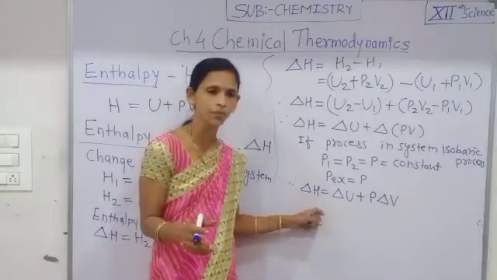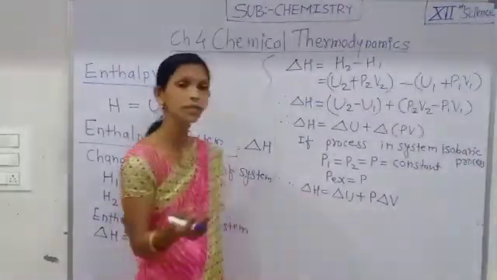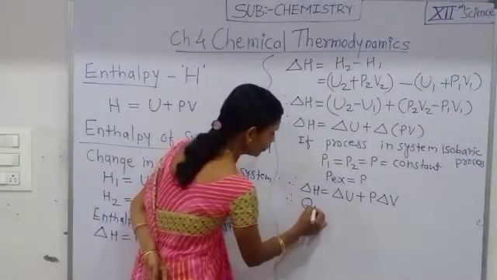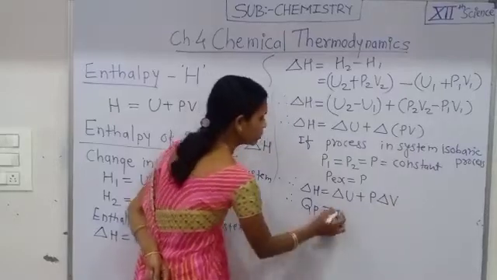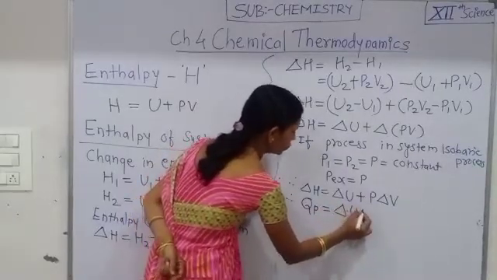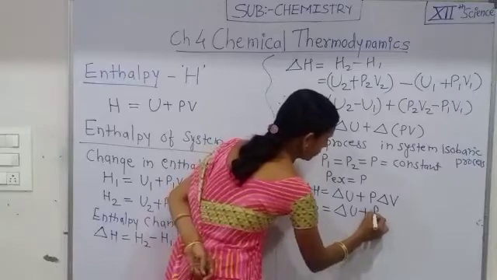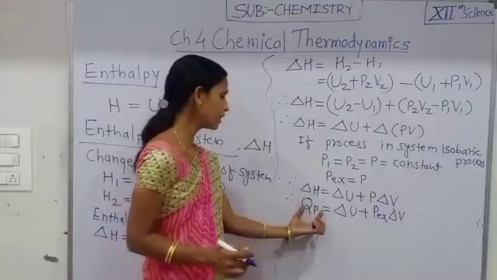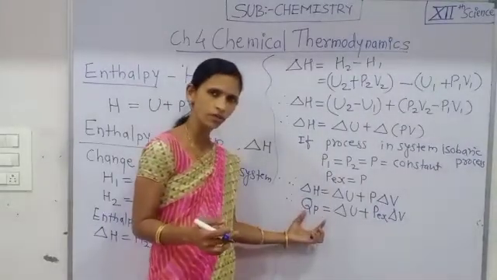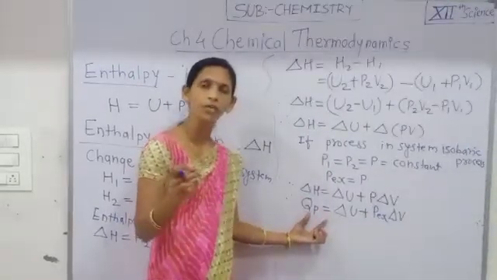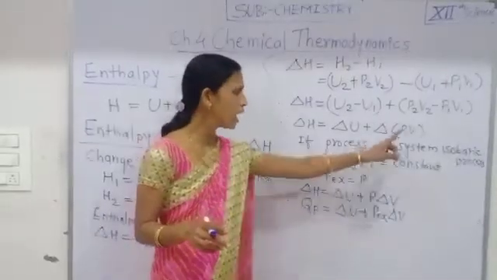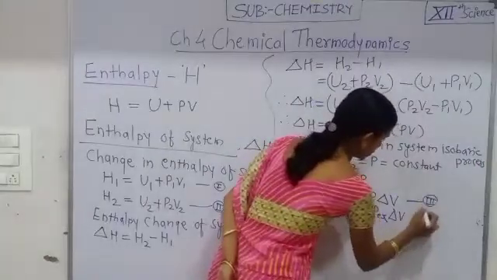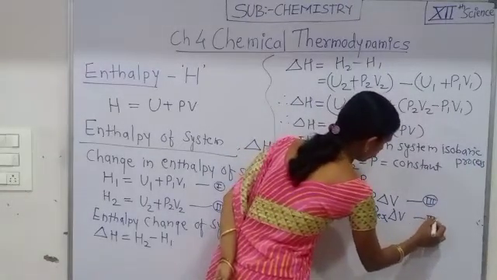And all of you studied one more equation, that is QP is equal to delta U plus Pex delta V, which is the mathematical expression obtained by applying the first law of thermodynamics to the isobaric process. Let this be equation number 3 and equation number 4.